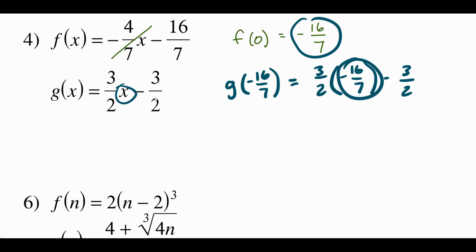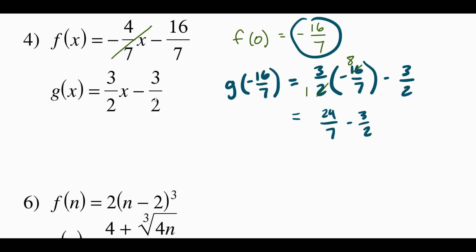Negative 16 over 7 is not a 1, so I know I'm not going to get 0 back, but let's just work through the math just a little bit more to show you that I will not get 0 as my result. So simplifying this down, we can take this 16 and 2 and turn it into an 8 over 1. So then we have 3 times 8, which is 24 over 7 minus 3 halves.